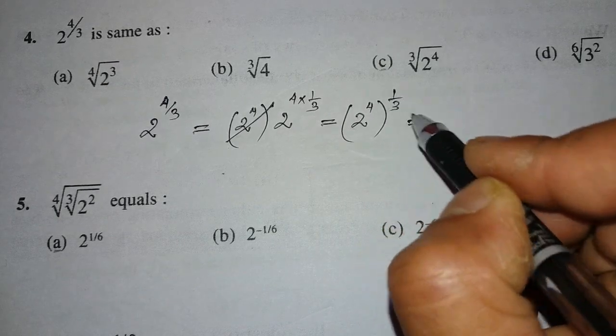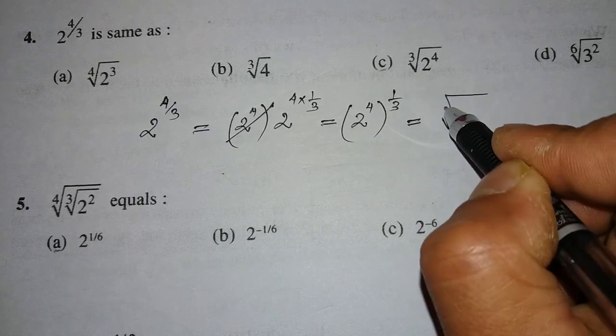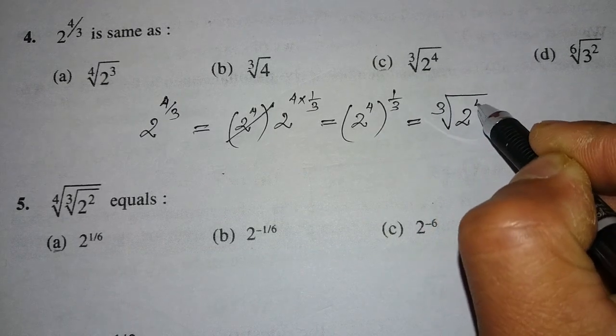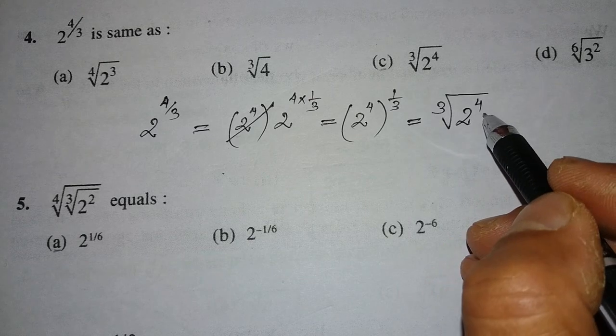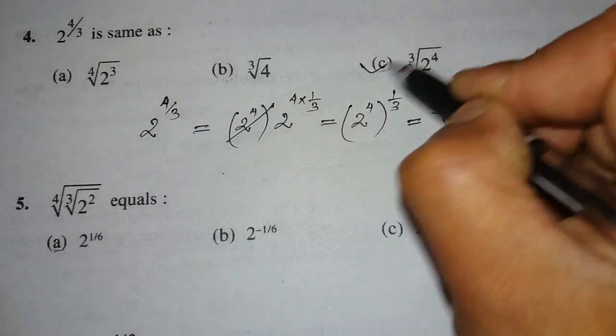Now this 1 by 3 power is nothing but the cube root, so it is the cube root of 2 to the power 4. So C is the answer.